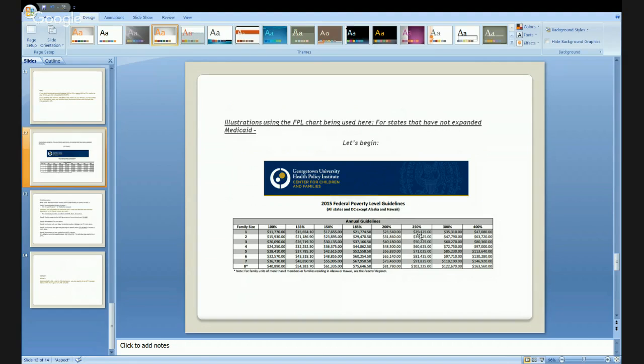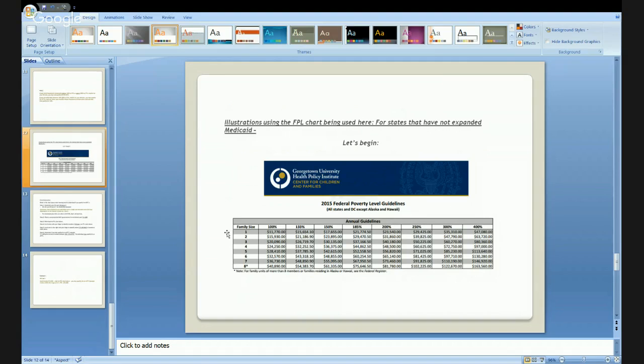If this individual's income was approximately $40,000, this individual would have an income that would fall between 300% and 400% of the federal poverty limit. So an individual whose income would be $40,000 may also qualify for an advanced premium tax credit.